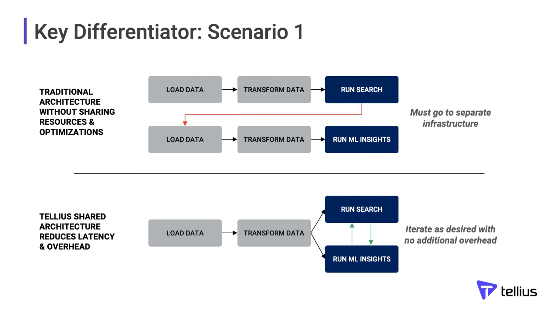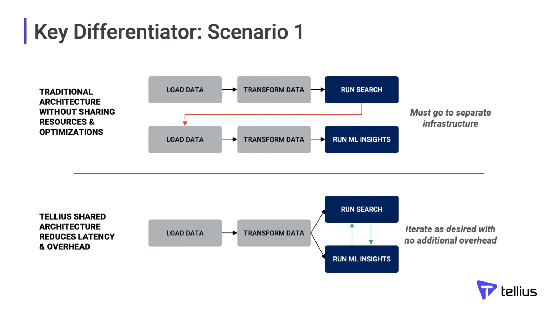In Tellius, you only load the data and transform it once. Once you do that, you're ready to go. You can run that search, and from there, run an ML-based or AI-based insight. You can go back to the search. You can iterate as many times as you like without having to worry about any additional latency or overhead, because you're actually sharing the same infrastructure when you're doing this.